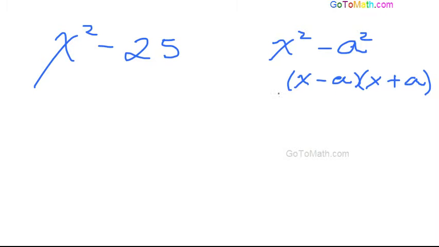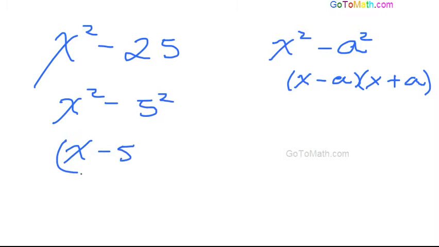Alright, since this is the form we're looking at, we can write x squared minus 5 squared, right? Okay, so we'll write x minus 5 times x plus 5.